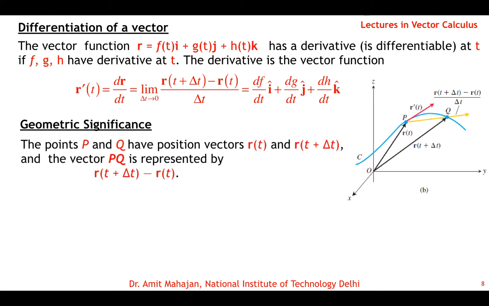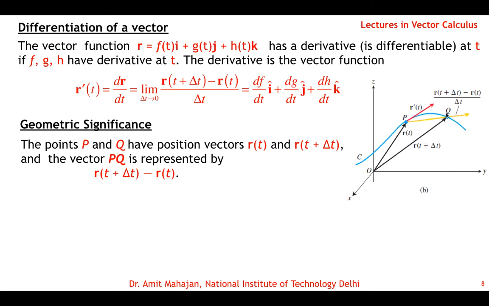Geometrical significance of this derivative. Okay, so say you have a point P on the curve whose position vector is r, and there is a neighboring point after time t plus delta t, whose position vector is r of t plus delta t, and so the vector PQ is represented by r of t plus delta t minus r of t.